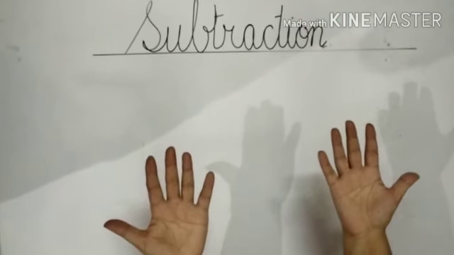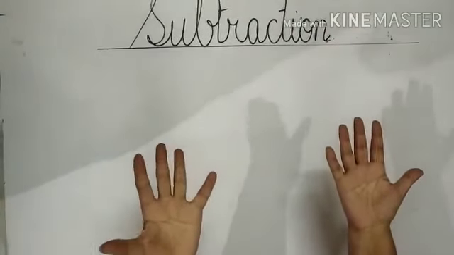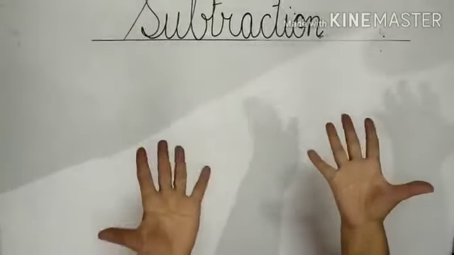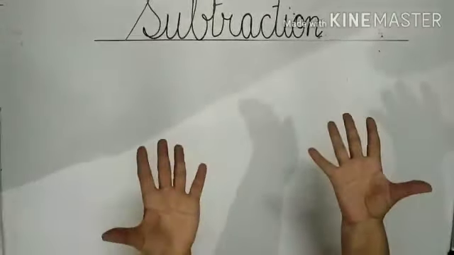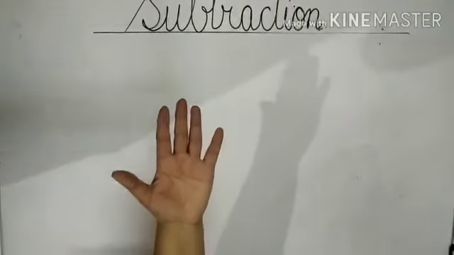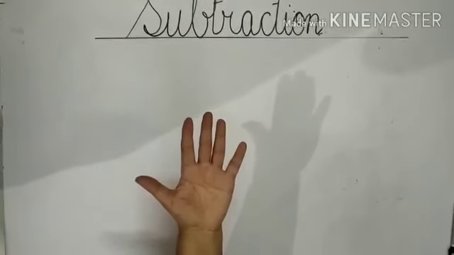Students, look at my hands. How many fingers do I have in one hand? I have 5 fingers. And in two hands, I have 10 fingers. Now, do you know how many blocks I have in one hand?